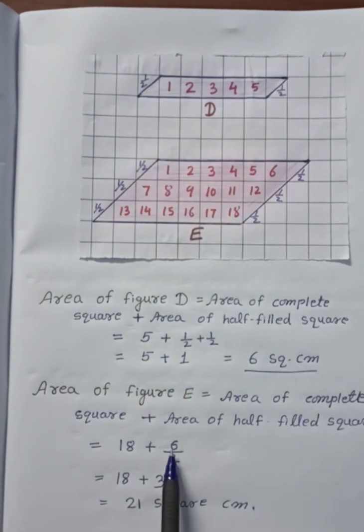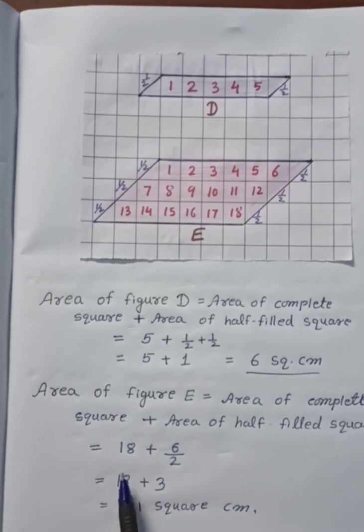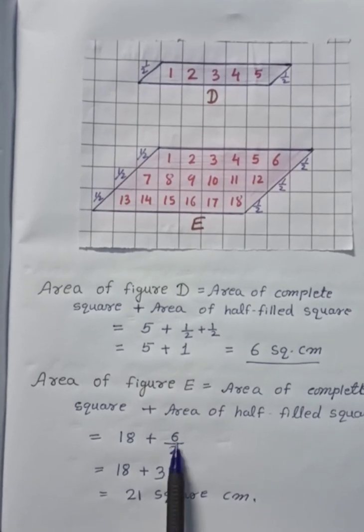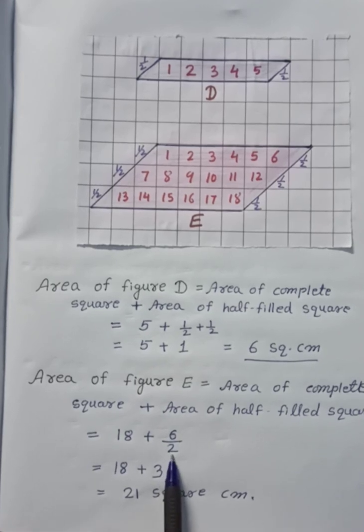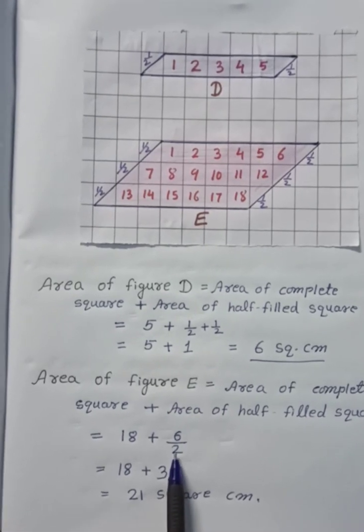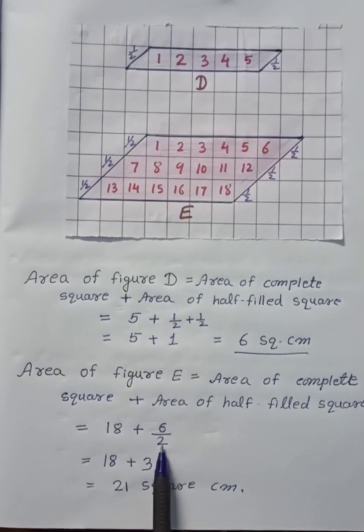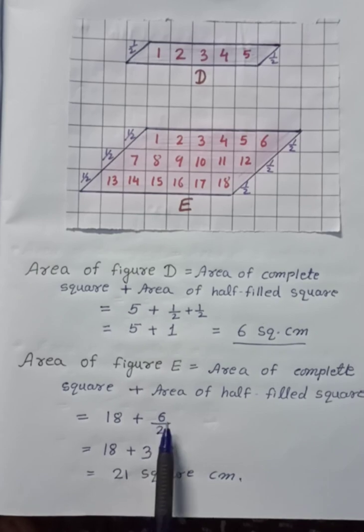So what we write, children? 6 by 2, 6 upon 2. Okay, now we add them. 18 plus, when we divide 6 by 2, we get 3. Okay, you can also read, children, table 2. How many times 6 will cut by 2? 2 ones are 2, 2 twos are 4, and 2 threes are 6.